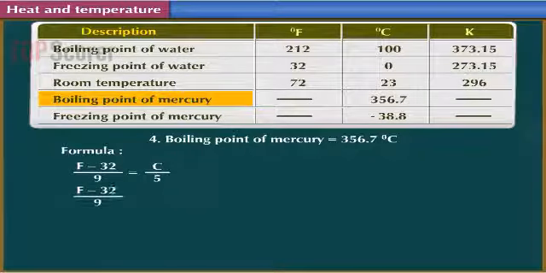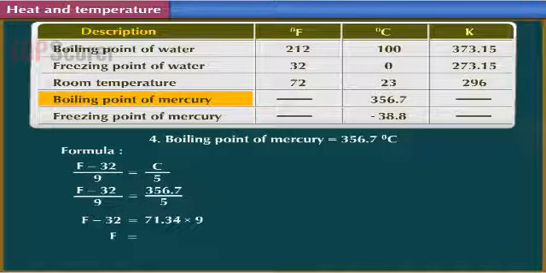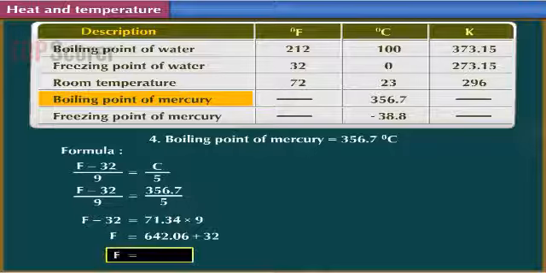Thus, (F minus 32) upon 9 is equal to 356.7 upon 5. Thus, F minus 32 is equal to 71.34 into 9. Thus, F is equal to 642.06 plus 32. Therefore, F is equal to 674.06. Let us fill the calculated value in the table.